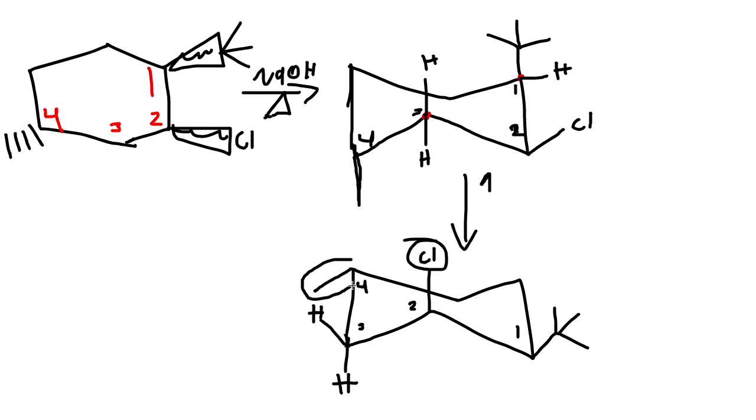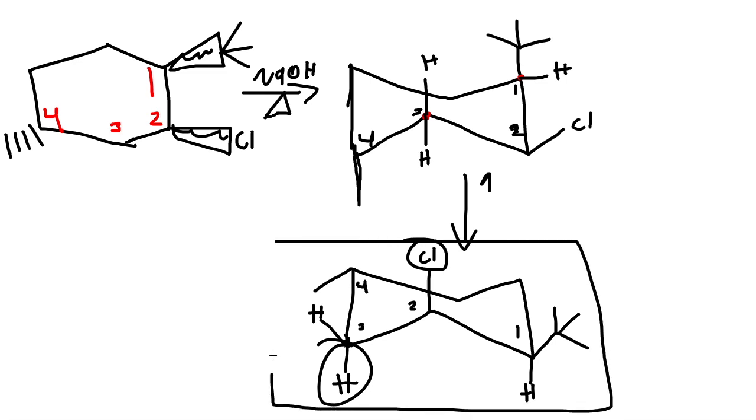We have the beta hydrogens on the axial position. This beta hydrogen over here is on the axial position, so that means an E2 reaction can happen here. And so this is the better chair position to have than the other position.